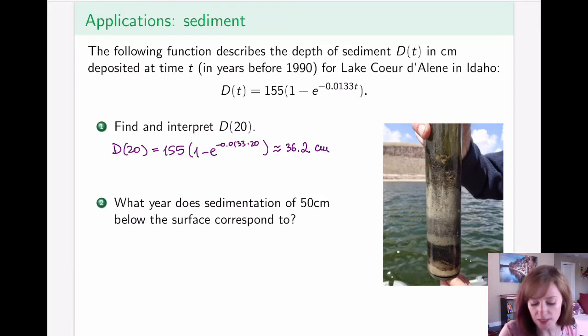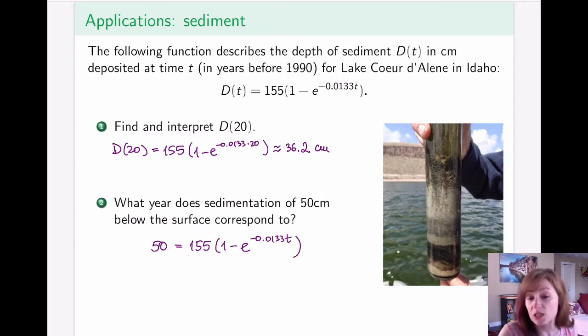What year does sedimentation of 50 centimeters below the surface correspond to? This question is like the reverse of the previous one. We're given the actual depth, so we're looking at 50 centimeters below the surface, and we're wondering what year that sediment occurred. Here, the depth is 50, and we are after the value of t.